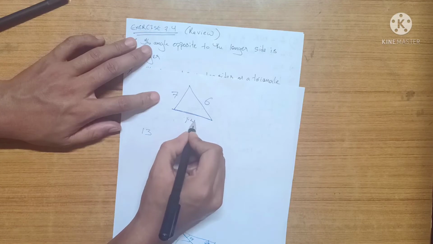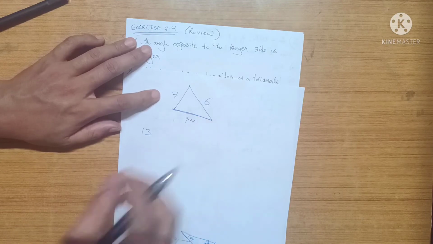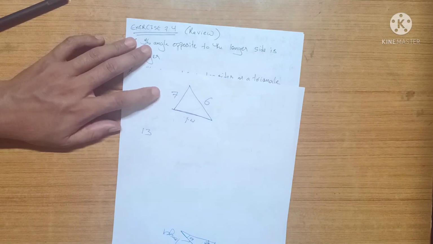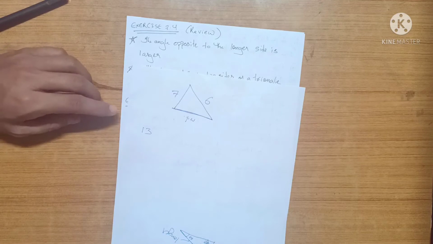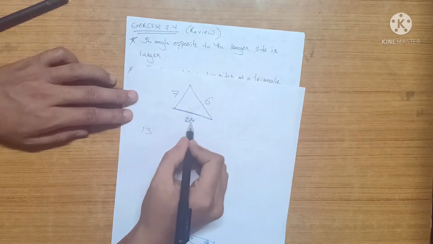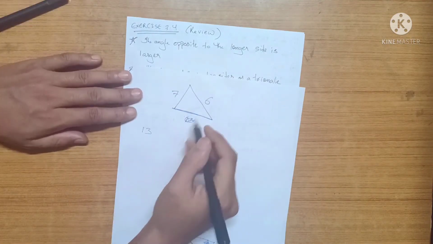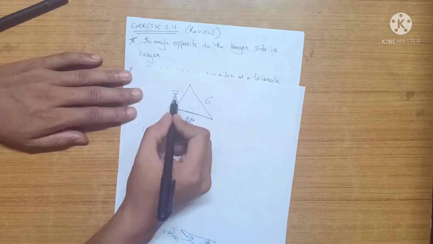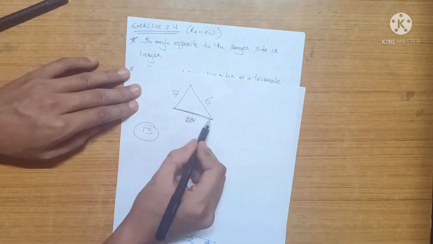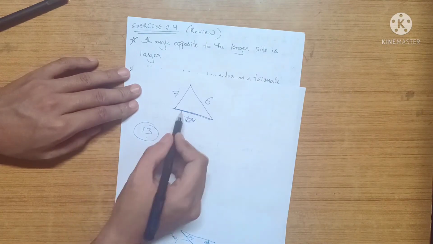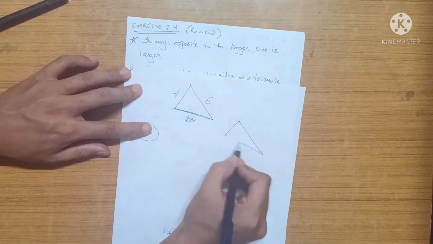It should not be longer than 13, or equal to 13 as well. Got it? It should be smaller than that. So this is 7, this is 6, the total is 13. So the third one is the longest one. We are assuming that this is the longest one.